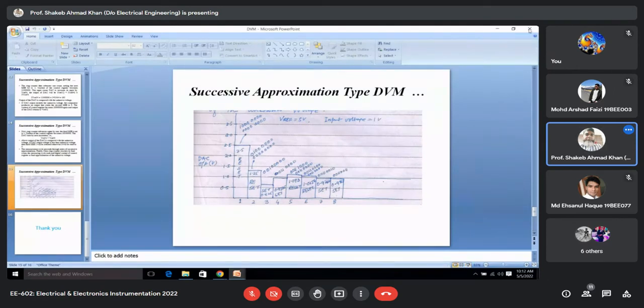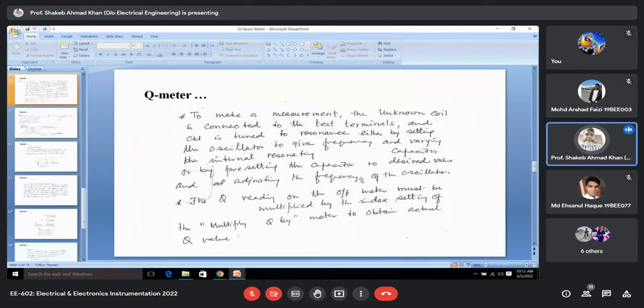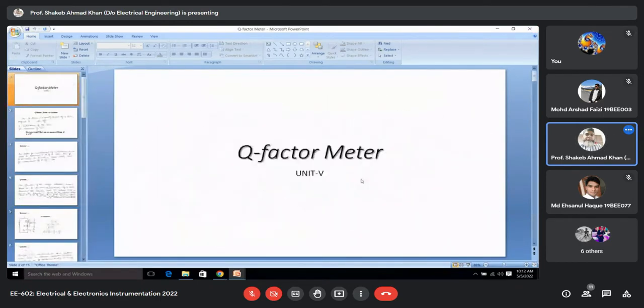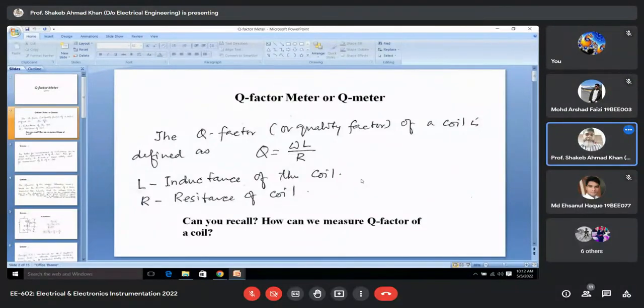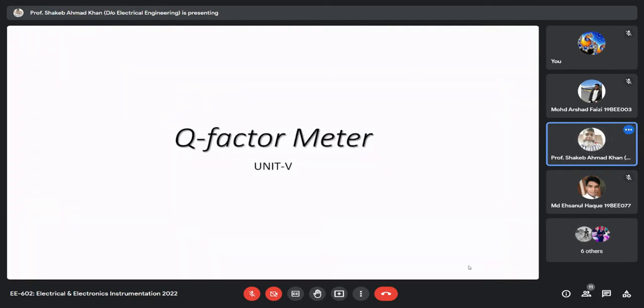Anyway, now the today's topic is Q factor meter. So can anybody tell me what is Q factor, quality factor? Obviously your Q factor meter will measure the quality factor.